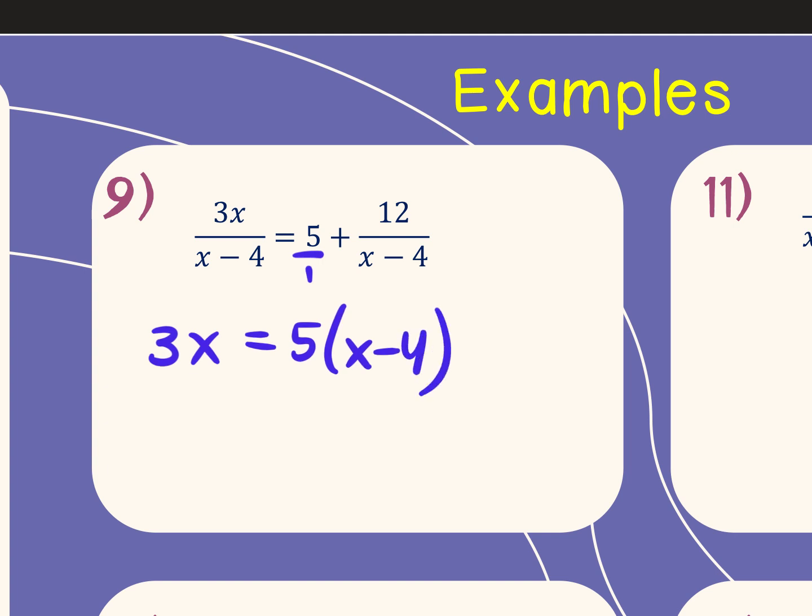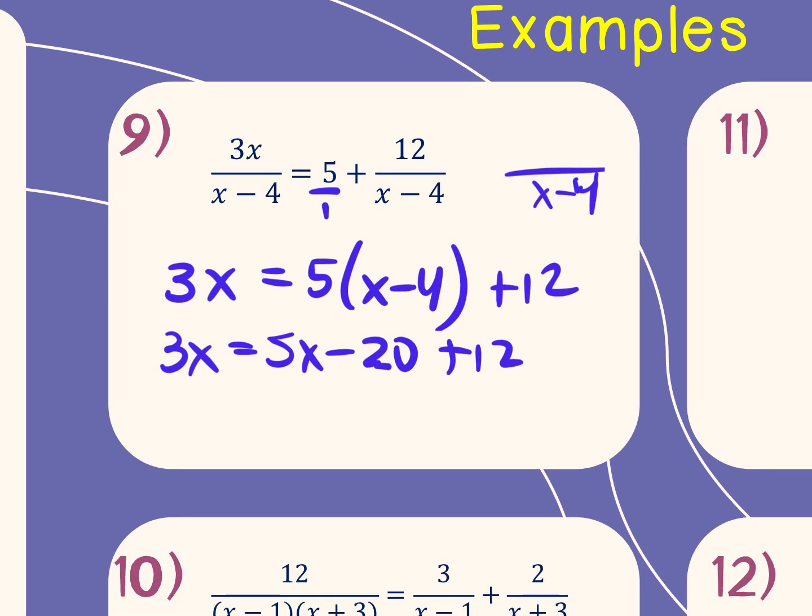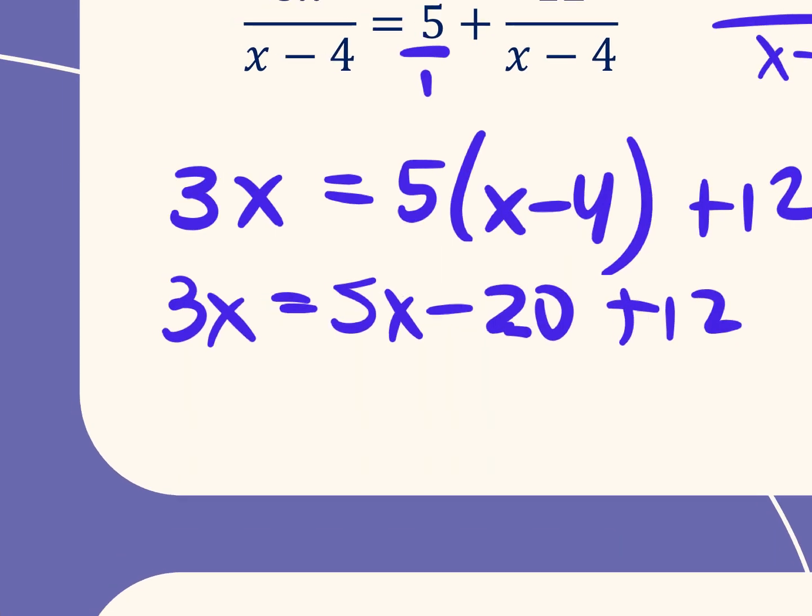And then do I need to do anything with my third fraction? No, it already has what we're looking for, right? Our common denominator was x minus 4. So I need to figure out what fraction has, what fraction needs, and then we do our math. Then we math it up. So 3x equals 5x minus 20 plus 12. You guys with me? Okay.